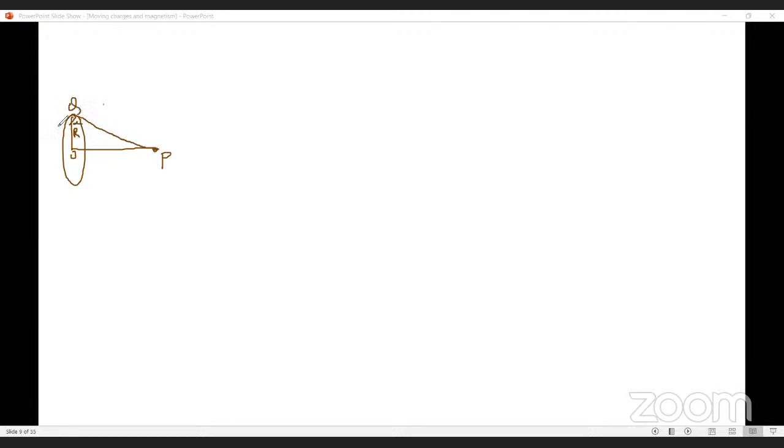This is Q. dl is the current element, this is r, and this is x. Now we are considering the resultant of the magnetic field along this direction. I'll take the magnetic field as dB, because according to the Biot-Savart law we apply it for the current element.